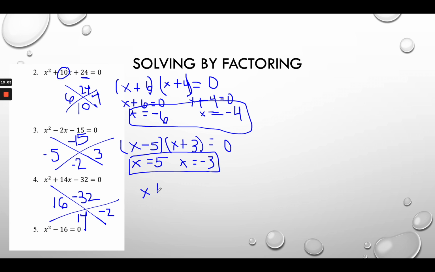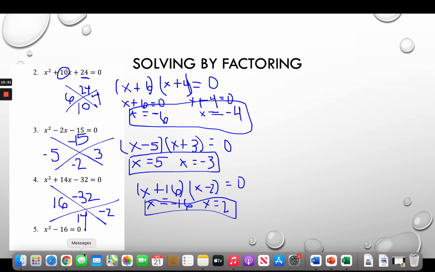So I get x plus 16 times x minus 2 equals 0. So we can figure out that x is equal to negative 16 and x is equal to 2. Boom. Right there.